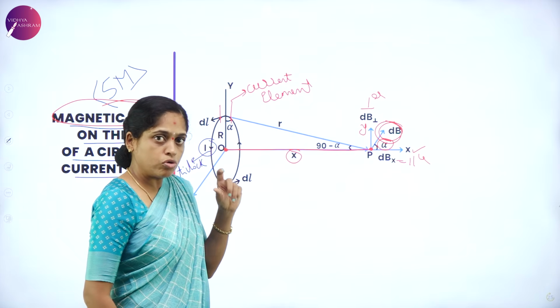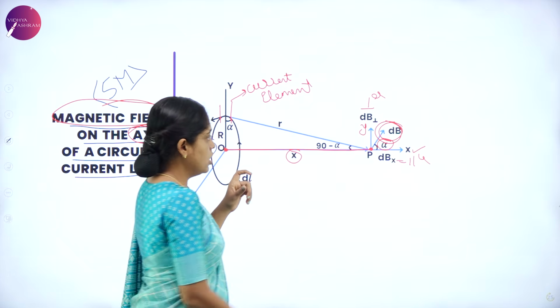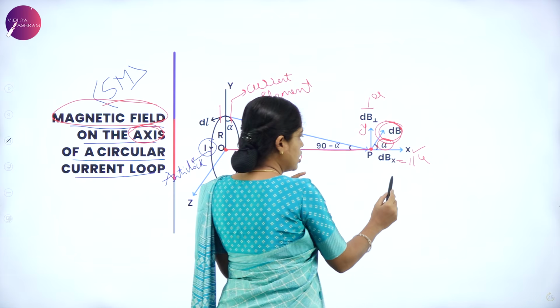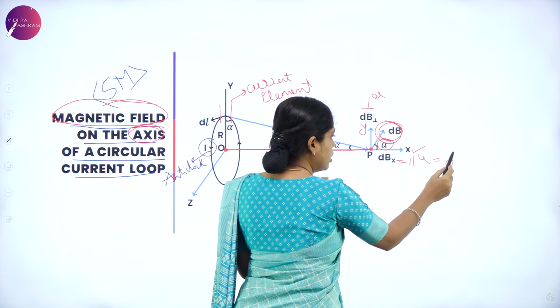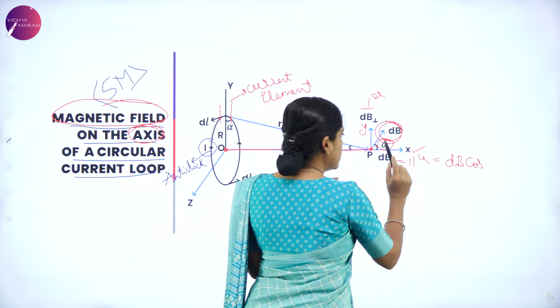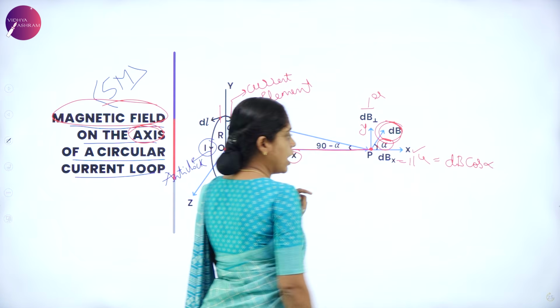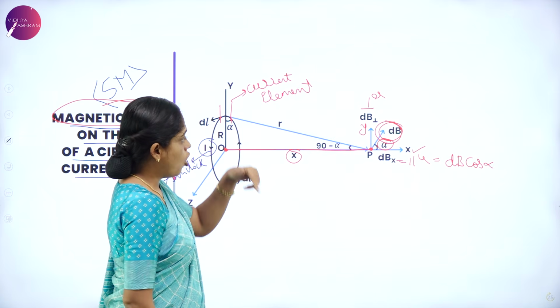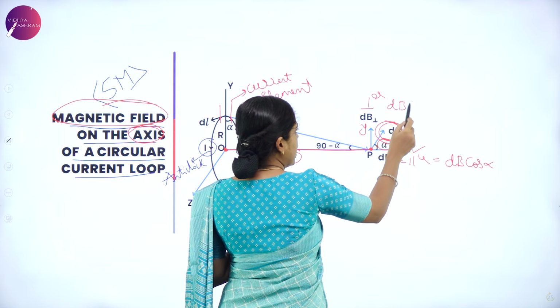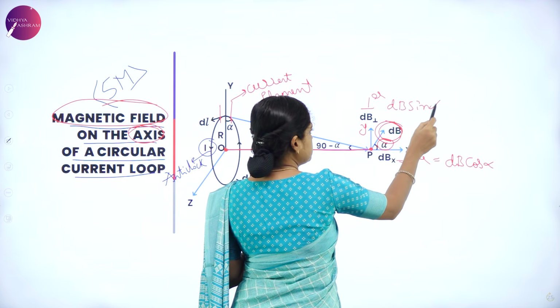So observe how to resolve this. Look, the angle is with the x-axis, therefore the parallel component is dB cos alpha, and in the perpendicular direction, dB sin alpha.